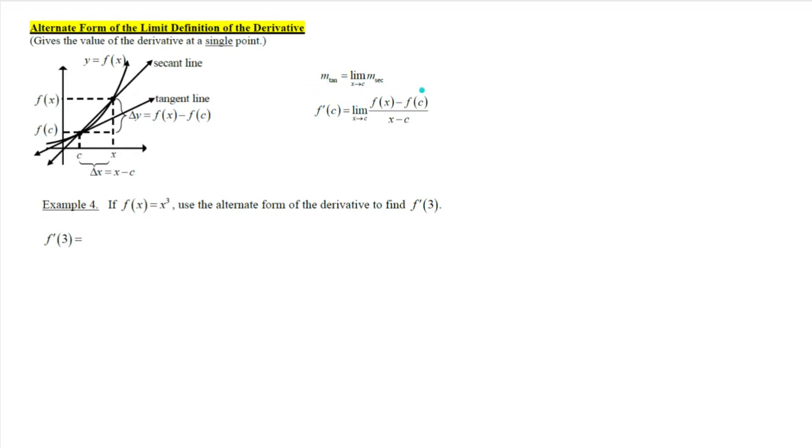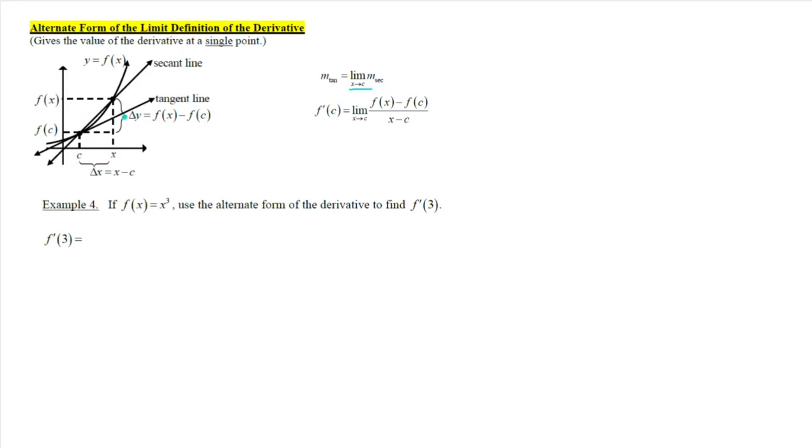If we take a look at the equations over here, we're still looking for the slope of the tangent, only instead of looking for it as our h, or our change in x, approaches 0, we're looking for it as x approaches c, which is that value we're trying to find.